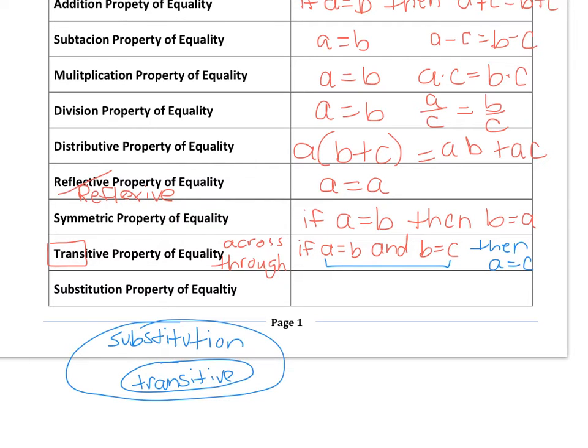Okay, so substitution property of equality would just mean, for example, that we have some kind of expression, so A equals B, and I tell you that B equals 5 or something. Well, I can substitute that in for B. This type of thing we do all the time when we evaluate expressions.